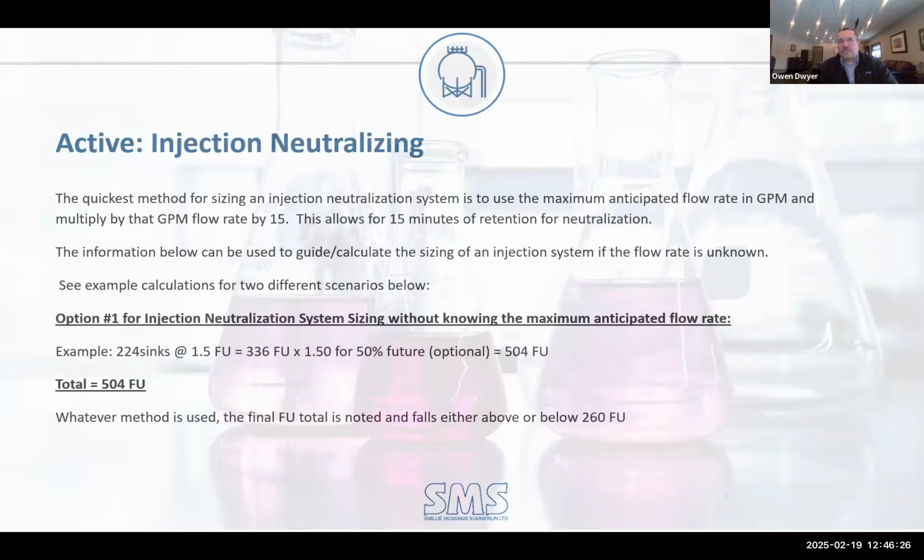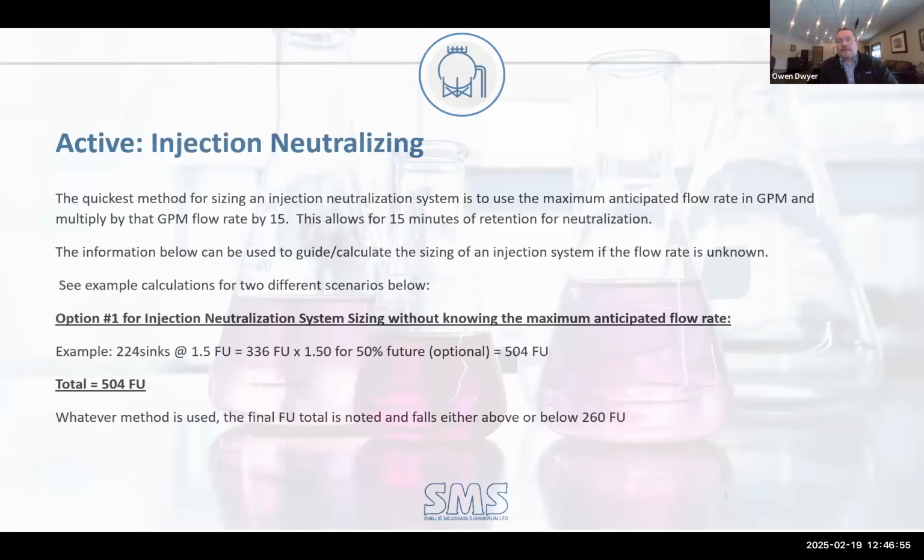It doesn't change all of your components, but it adds a little bit of time for neutralization. So the recommendation from SMS and myself over the years has been a 15-minute retention time. So you take your GPM, multiply it by 15. That's how big your tank needs to be. It's pretty straightforward.